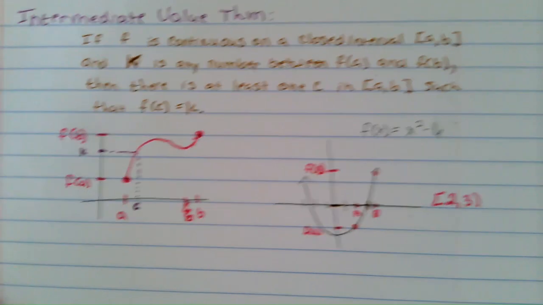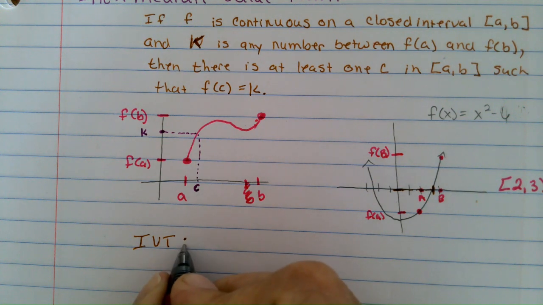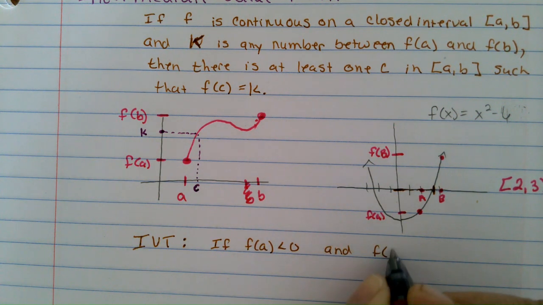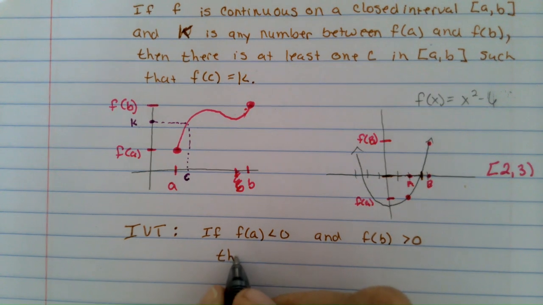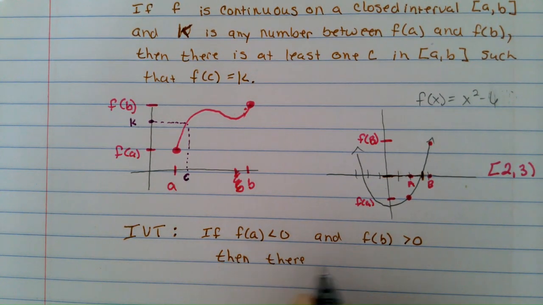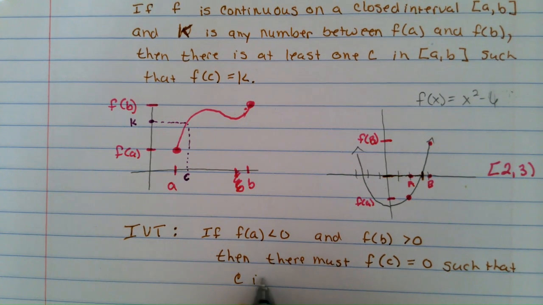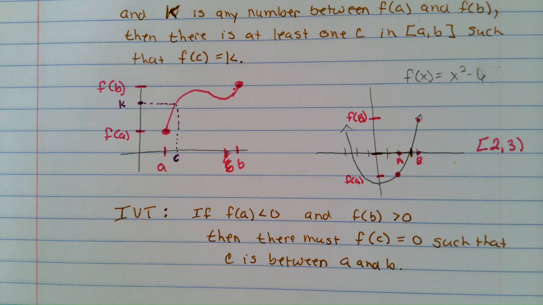Okay, so because of this intermediate value theorem, if f of A is below 0 and f of B is greater than 0, then there must be an f of c equaling 0 such that c is between A and B. You have used this before to say, okay, well, let's look at the graph right here.